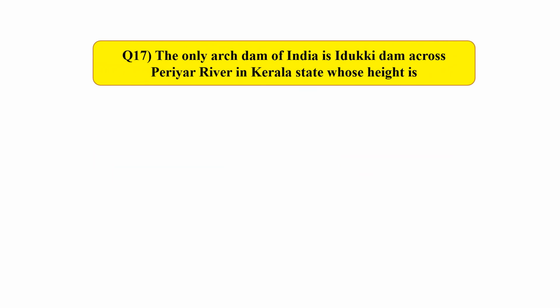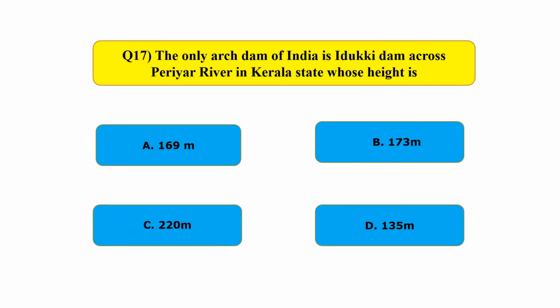The highest dam of India is Idukki Dam across river in Kerala state, which height is answer A, 169 meter.